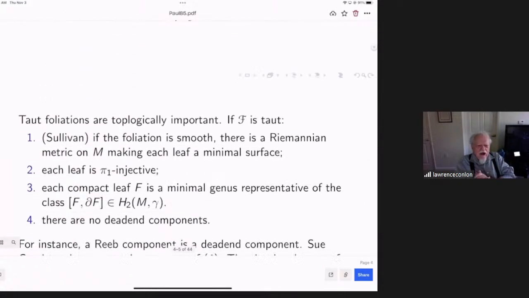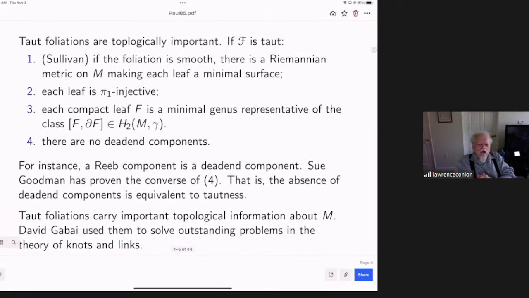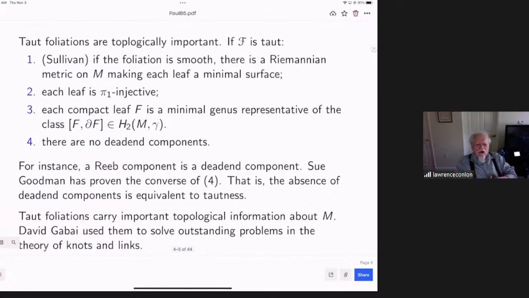All right. Now, as Rachel told us, taut foliations have very important properties. I guess one that I've always found very surprising is Sullivan's theorem, that for smooth foliations, tautness implies that there's a Riemannian metric on the manifold making each leaf a minimal surface. Topologically important, each leaf is pi1 injective.